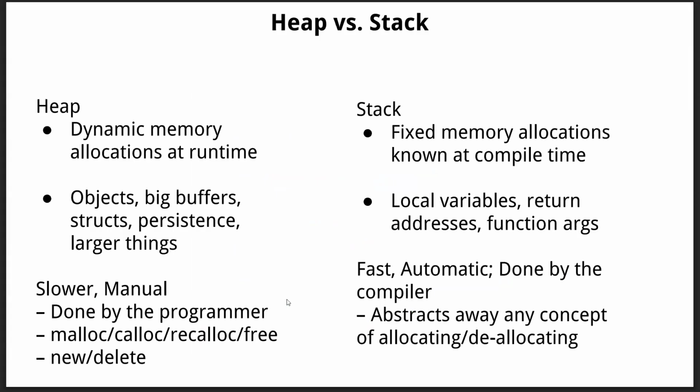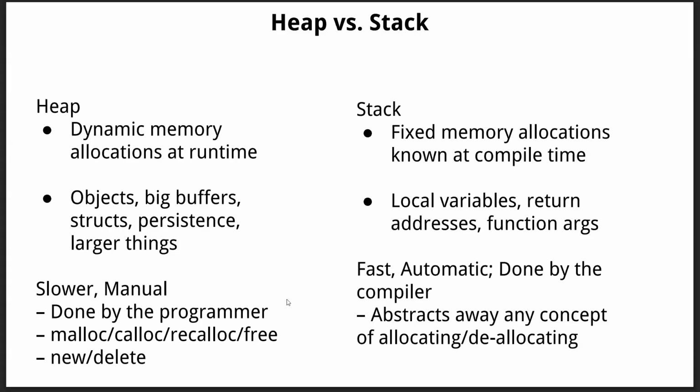If we compare heap and stack, you can say the stack has fixed memory allocation known at compile time. Right? So the stack variables, the local variables, their address is fixed. Okay, not fixed at any absolute address, but fixed at a relative address, relative to where EBP is saved, right?